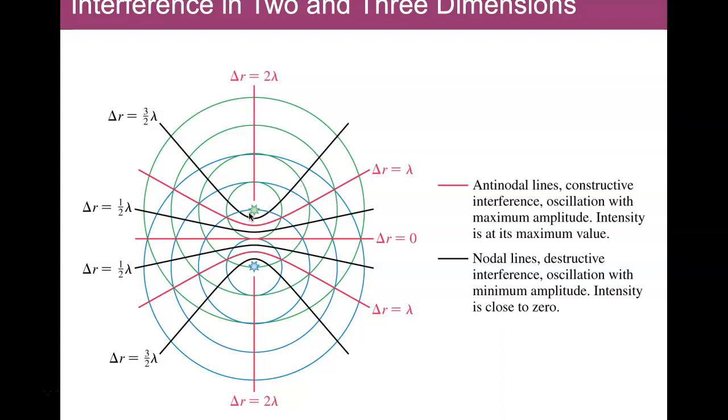So delta R is some odd multiple of lambda over 2, and that's the place where the two waves are out of phase and they give dark spots, right? They interfere destructively.